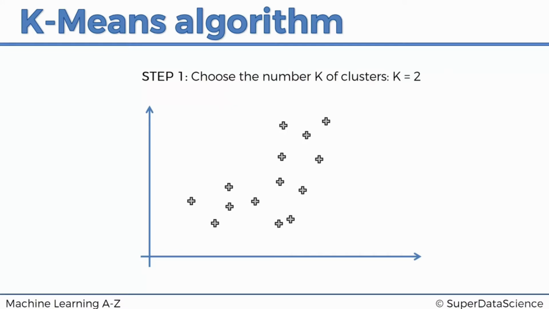Imagine how complex this challenge would be if we had 3 variables or 5 variables. We wouldn't even be able to plot a 5-dimensional scatter plot like that. So that's where k-means clustering comes into play, and that's where this algorithm will help us simplify the process. So let's see how it will perform in action.